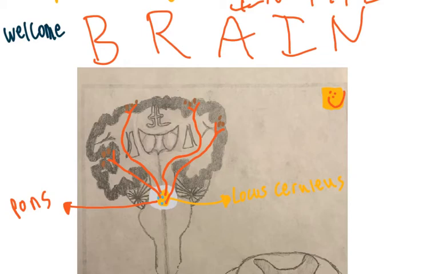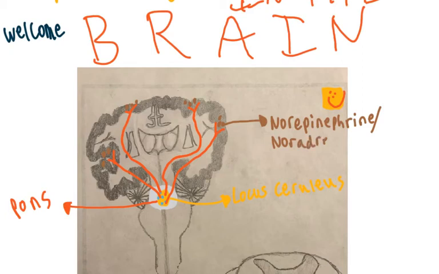All right, so let me go and write that down. Let's go and label this, that these are norepinephrine neurotransmitters. All right, norepinephrine, and it's also called noradrenaline. And we're going to go ahead and label the neurons as a whole as our noradrenergic neurons.